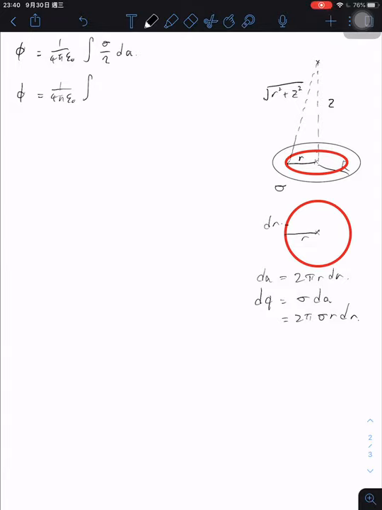Now we just plug everything into the equation: the charge of the ring over the distance, and then integrate this contribution from 0 to big R, which is the radius of the disk. Now I just have to finish this integration.